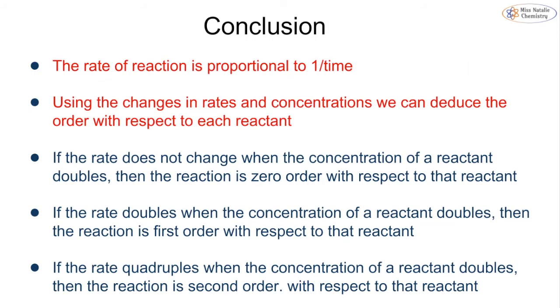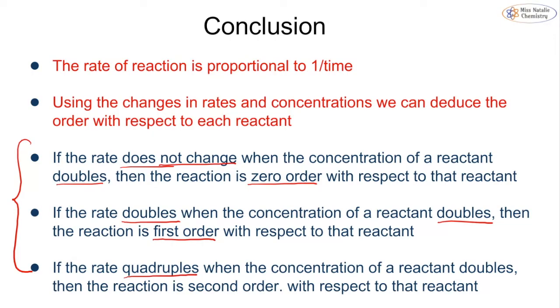So the rate of the reaction for this particular experiment is proportional to 1 over time, and we can then use the changes in the rates and the concentrations in our graph to deduce the order with each reaction. So we have to look at how the rate changes. If the rate doesn't change when the concentration of a reactant has doubled, then the reaction order is 0. Okay, so we have no change. If the rate doubles as the concentration doubles, then it is first order.